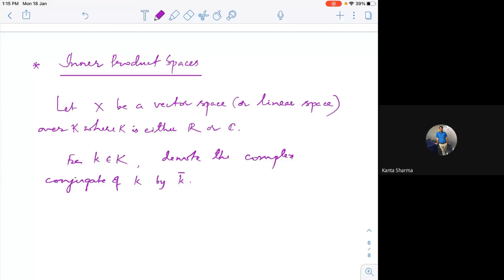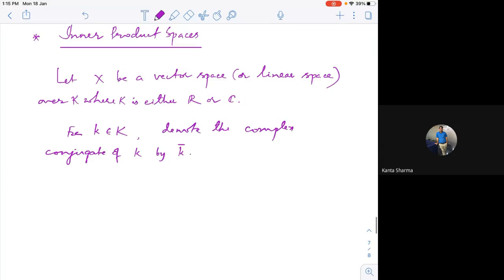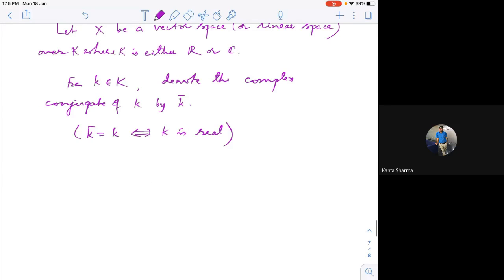If it is real, k bar is k only. Remember, k bar is equal to k if and only if k is real. For real, there is no problem; the same number comes. For a complex number, it becomes its conjugate. Now I want to define an inner product on X as follows.